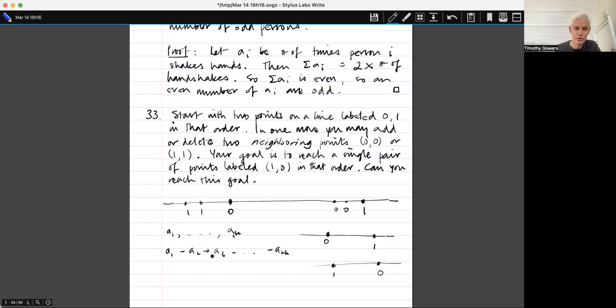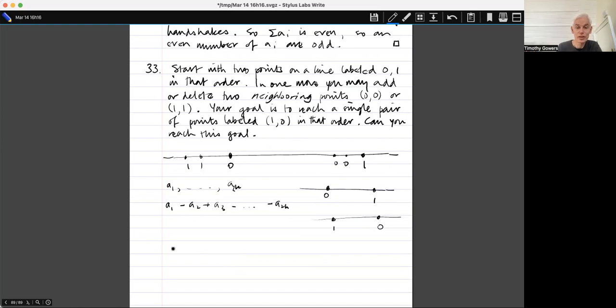And if I stick 1, 1 in, it again will shift those by 2, so it won't change the signs I'm associating with them, and it'll add 1 and subtract 1, so it won't change the thing. But if I start with 0, 1, then I get 0 minus 1, so that's negative, and if I start with 1, 0, I get 1 minus 0, which is positive. Actually, it feels a bit more natural to go minus A1 plus A2, but anyway, that doesn't matter. So we've done it.